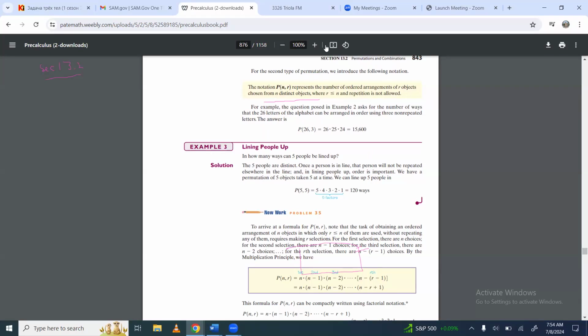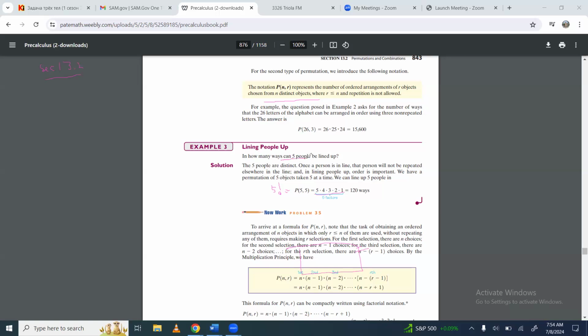For example, when you multiply numbers 5, 4, 3, 2, and 1, remember we used to call it 5 with an exclamation mark. It's 5 factorial.